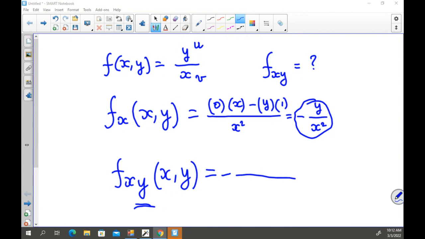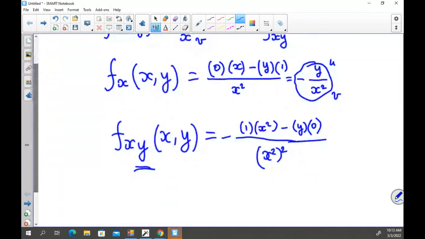Now we differentiate this with respect to y. Okay, so in this case, what is u dash? 1, yeah? 1. v is x squared. Minus u, what is v dash? 0 over x squared like this.